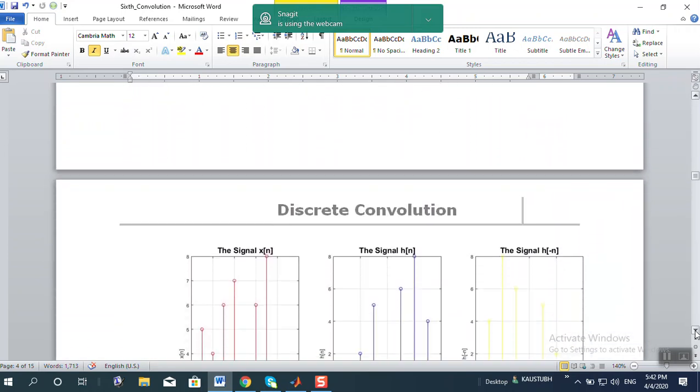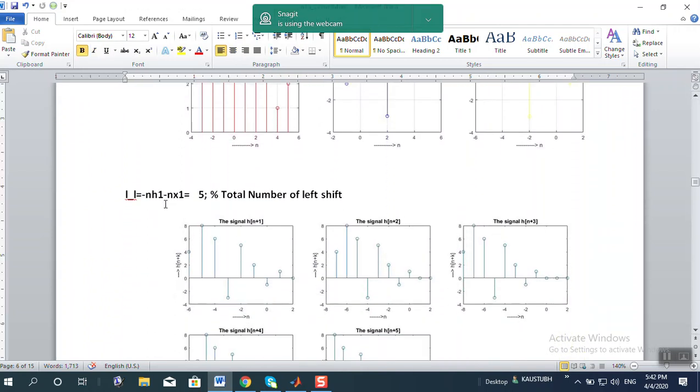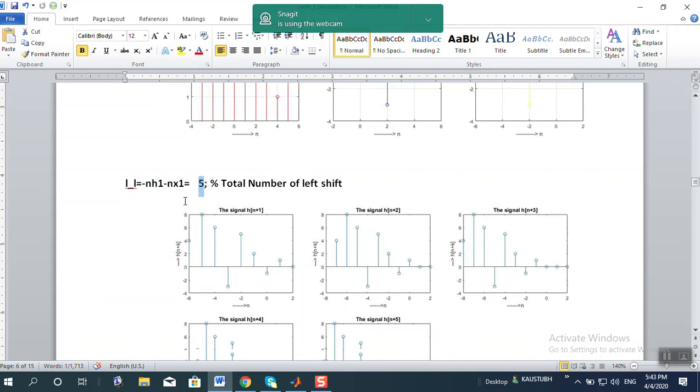And how many right shifts? 10 right shifts. How will you calculate how many left shifts? It is the starting point of h and the starting point of x negative: minus of nh1 minus nx1. So it is 5, so in total there will be 5 left shifts.